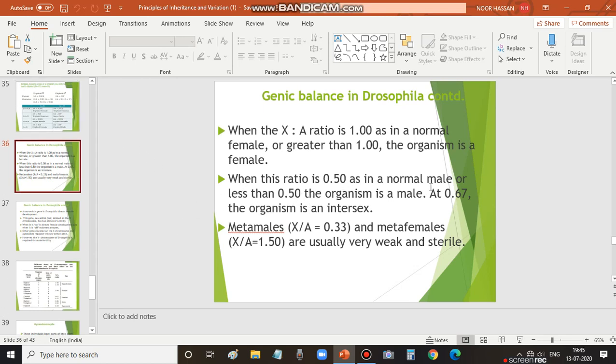And at 0.67, the organism is an intersex, neither male nor female. For meta males the X to A ratio is 0.33, and for meta females it is 1.50, greater than 1, while the meta male ratio is less than 0.5. They are called meta females and meta males, and their phenotype is usually weak and sterile.